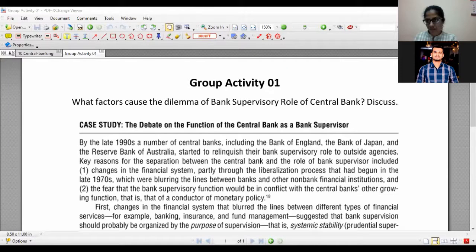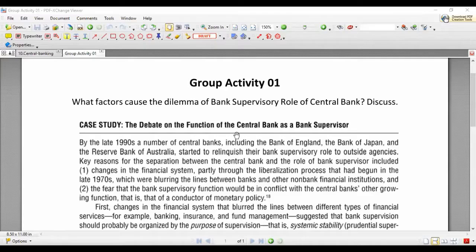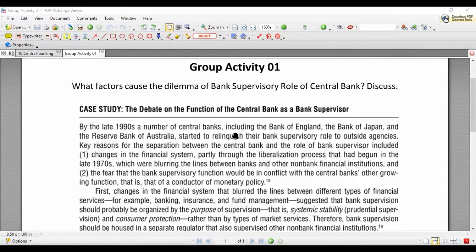In this group activity, we will be discussing the debate on the bank supervisory function of the central bank. I have uploaded a case study in the LMS. All right. So you can see the group activity. Here they have discussed the debate on the function of the central bank as a bank supervisor.